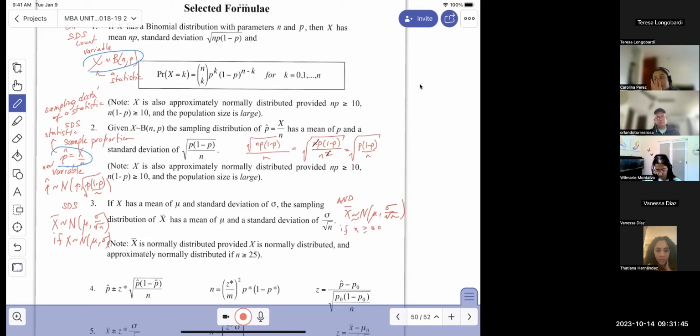Sometimes, did I say 30? I think it's 25. Oh, I use 25? Okay, I don't know why. Sometimes textbooks use higher, but 25 is easier for the math. So, and you take the square root, you know, it's 5. Okay, so X bar is approximately normal mu sigma over root n if n is greater than or equal to 25, when we don't know the distribution of X.